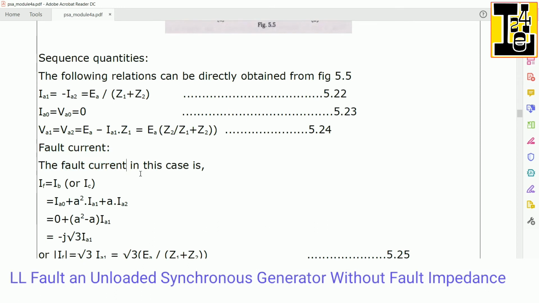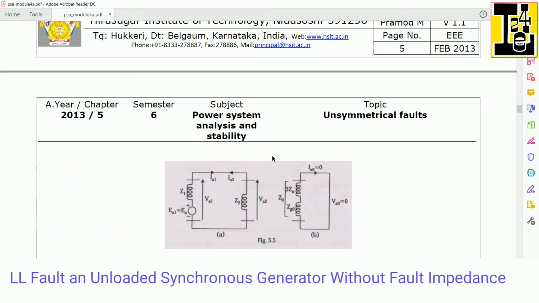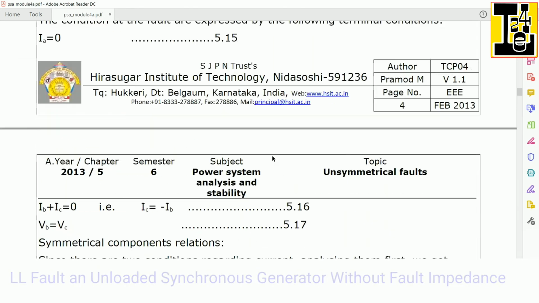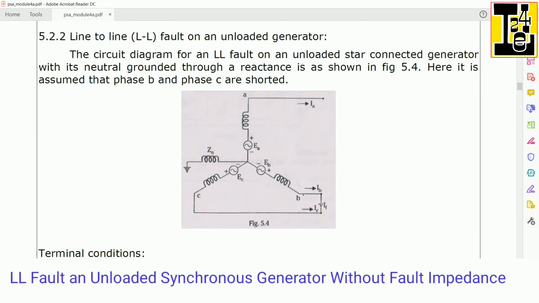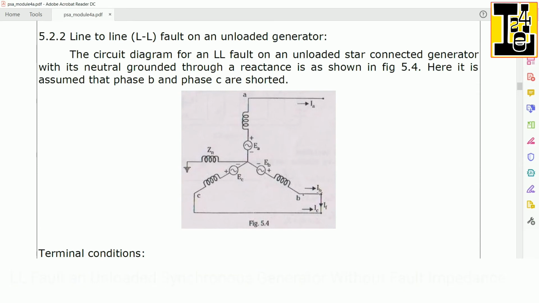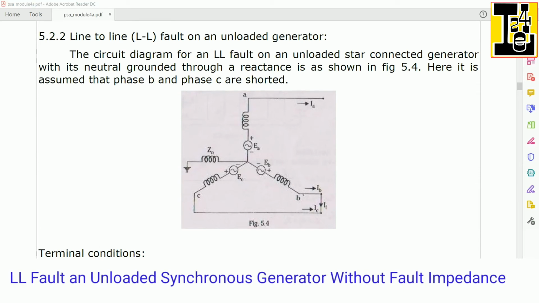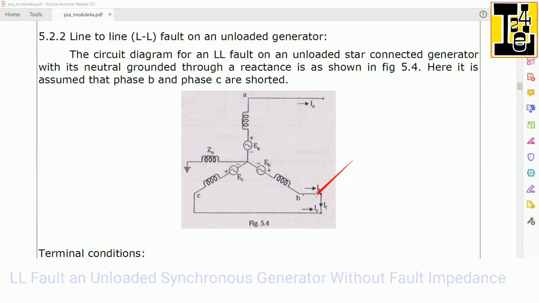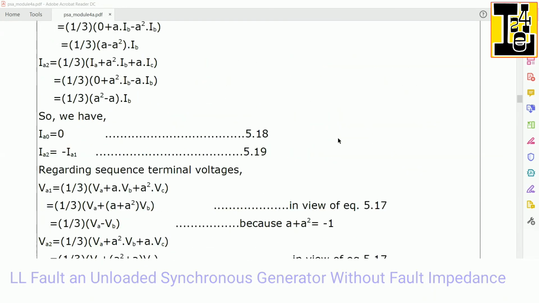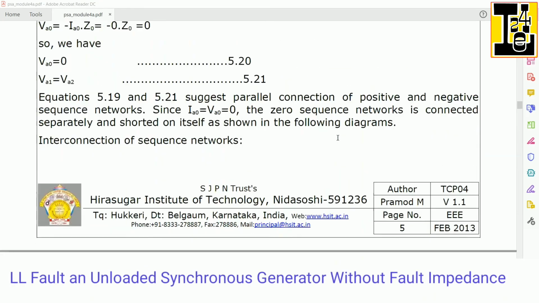The fault current in this case is IF, which is equal to either IB or IC. You can observe this figure. You can observe it will be either IB or IC, as both are flowing opposite to each other. We can take either IB or IC.